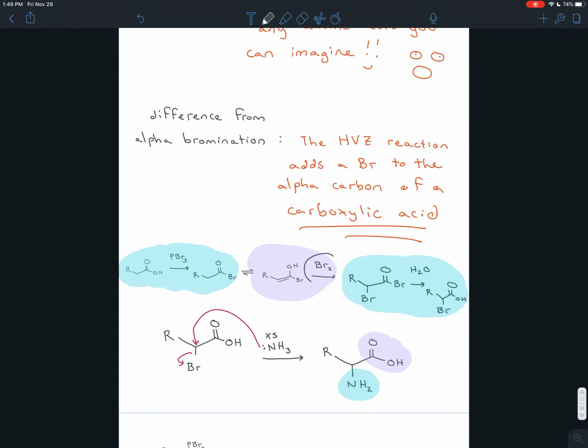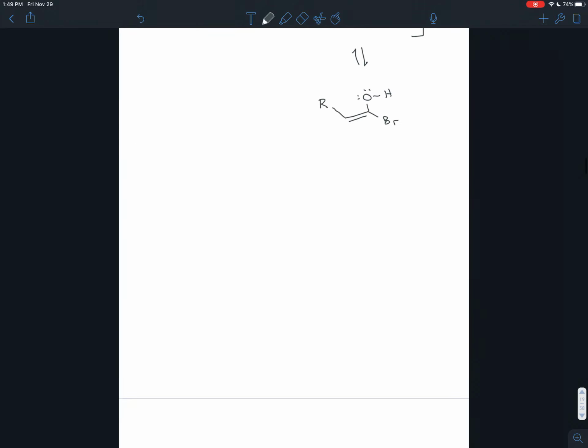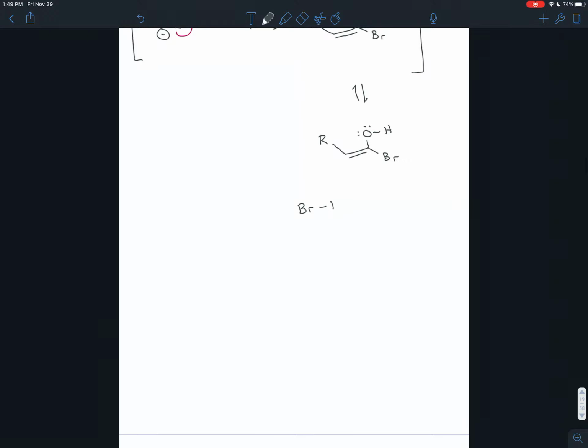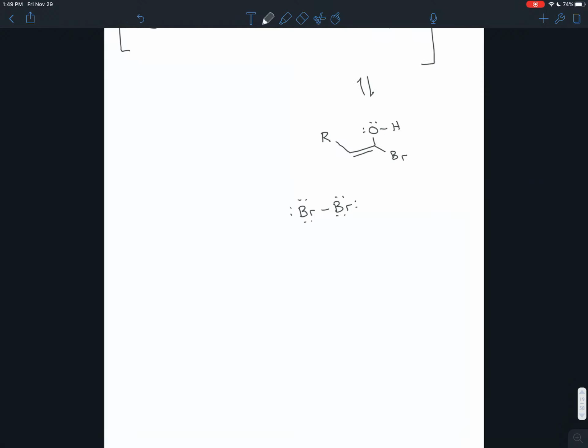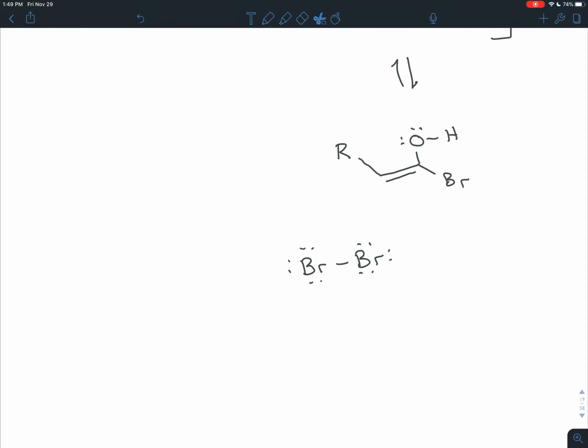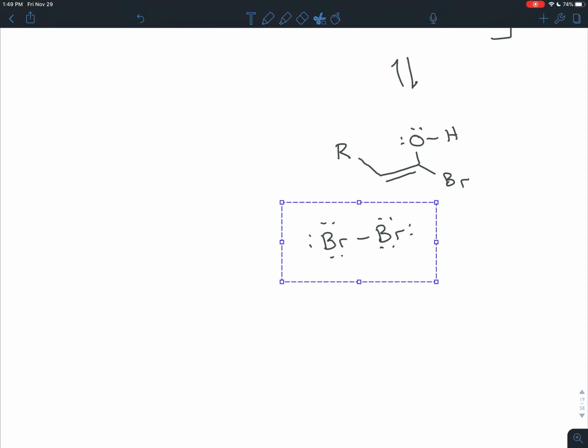Once we have the enol, if you treat it with, we have a nucleophile in the molecule. That pi bond can act as a nucleophile and attack a bromine electrophile. So this is a lot like alpha bromination. As the bromine is very big, it's a very big atom, so it's very polarizable.